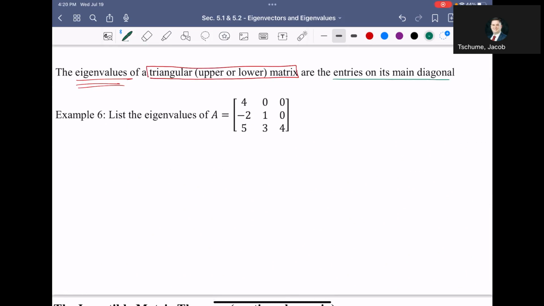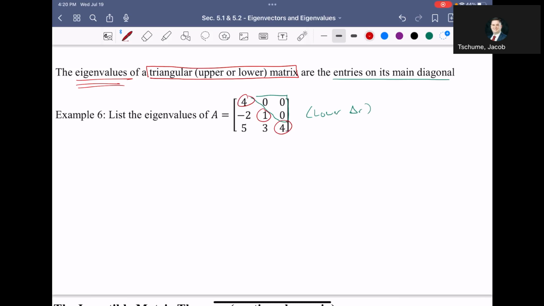Just to be different, I created a lower triangular matrix, because we see upper triangulars so much more. While we won't see a lot of lower triangular matrices in this class, it still holds the same fact. Since this has zeros above the main diagonal completely, by definition, the eigenvalues of A must be the entries on the main diagonal.